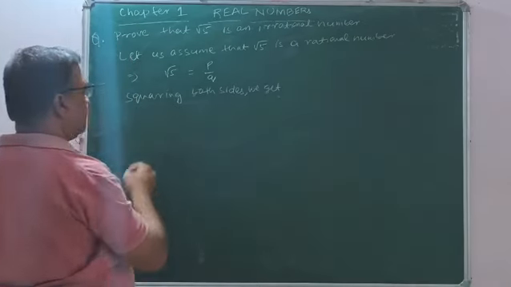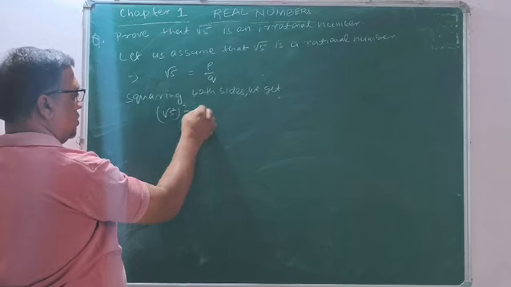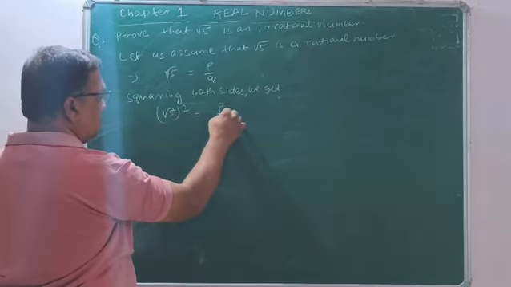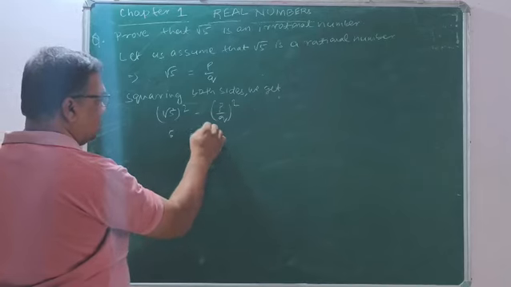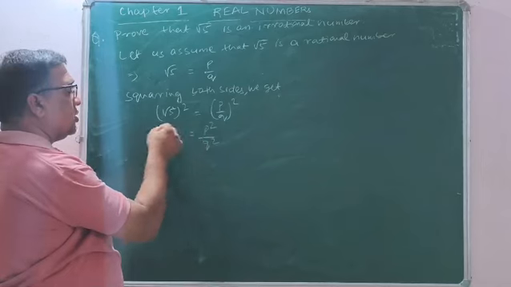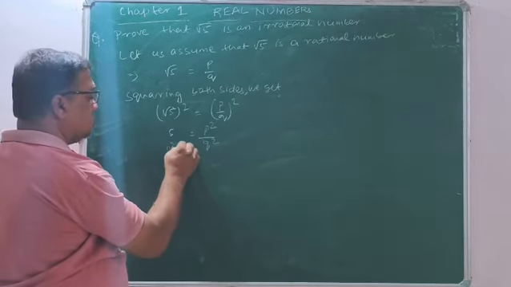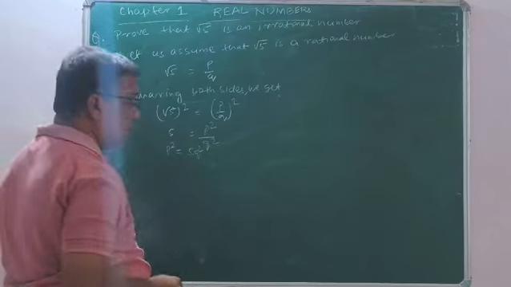We get root 5 squared equals (p by q) squared, that will be 5 equals p squared by q squared. When q squared is multiplied with this, p squared equals 5 q squared.